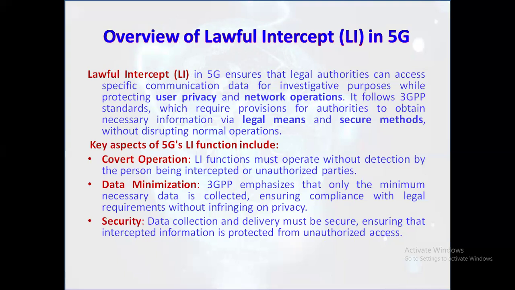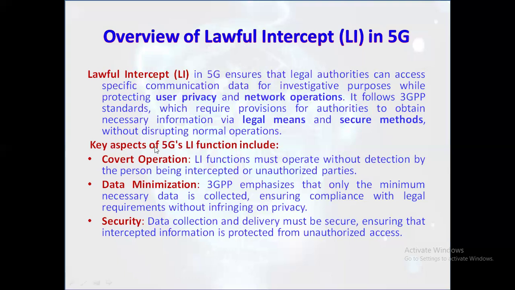It identifies the specific communication or information to be intercepted and extracts the relevant content. This functionality is embedded within the key 5G network functions, ensuring that interceptions can occur at appropriate points in the networks.